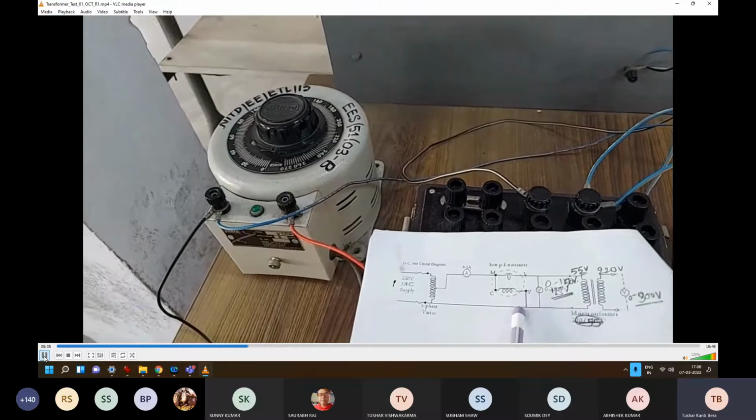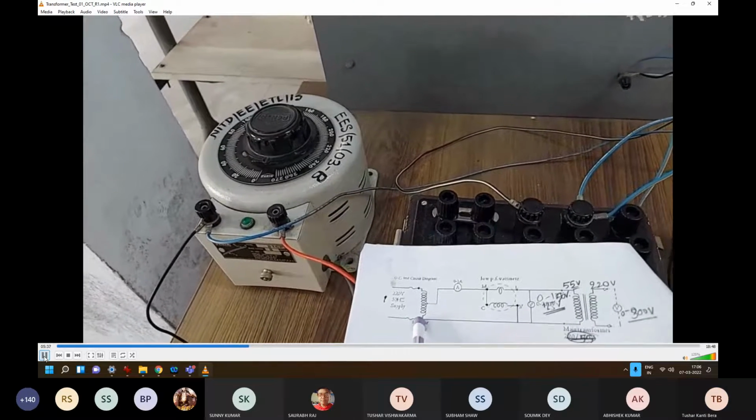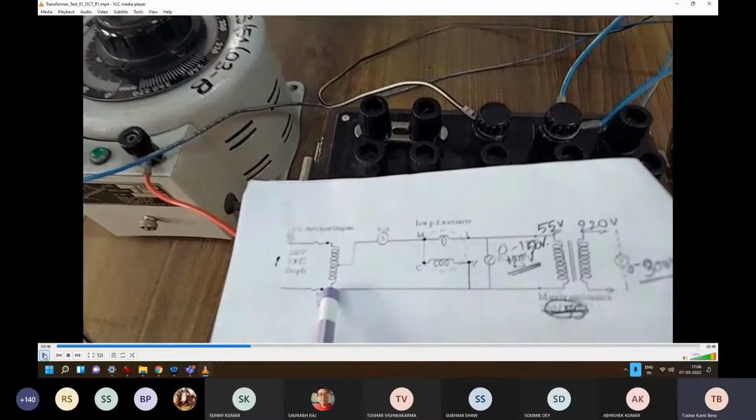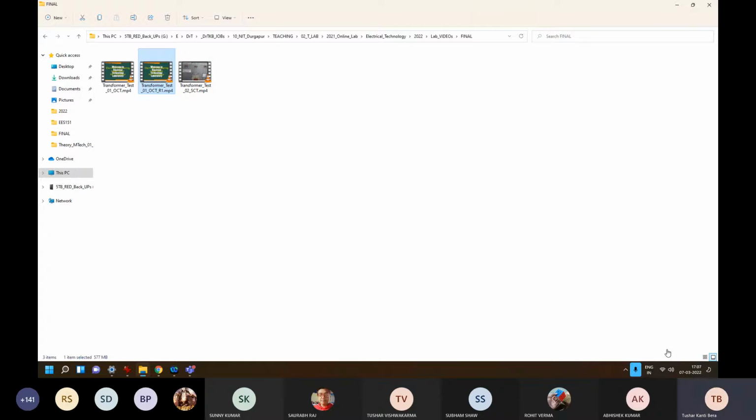You can hear? No, sir. Sir, you have to share a window, not the screen. You have to reshare by window, and there is an option called include system audio.